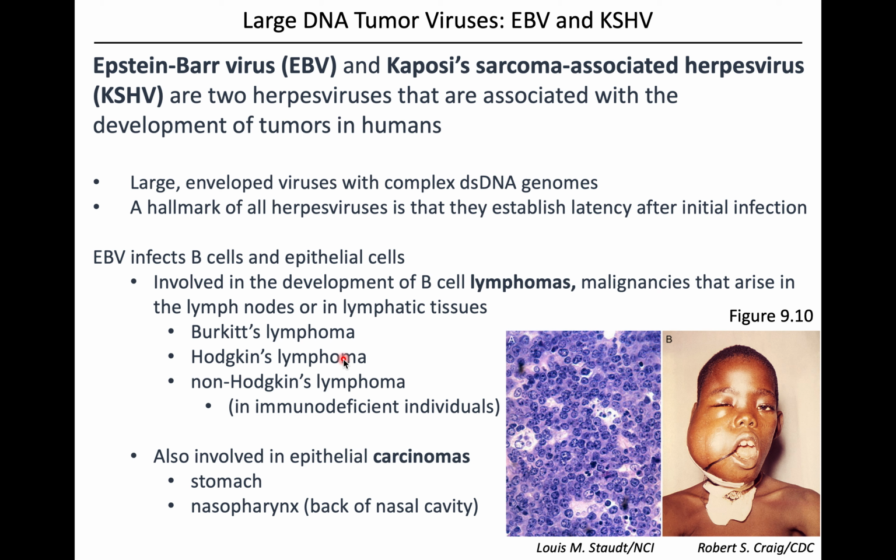This link was first made in Africa, where it was observed that lymphoma was rising in regions where malaria was really prevalent. The malaria infection was knocking down people's immune systems, and then the Epstein-Barr virus infection was triggering these lymphomas.